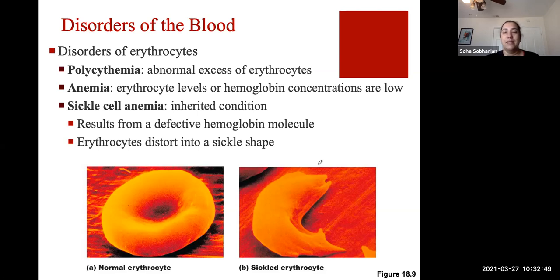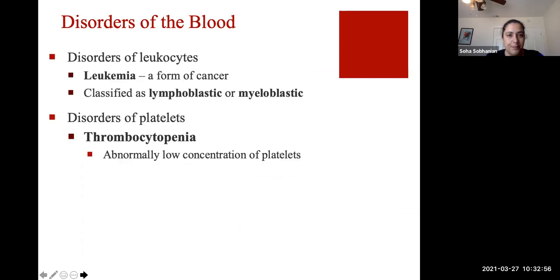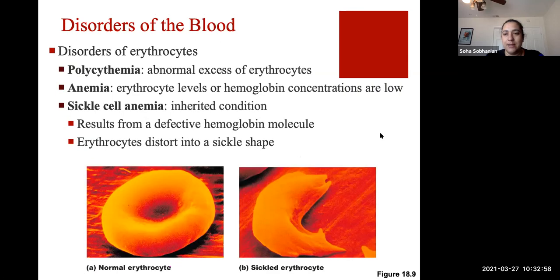But again, sickle cell anemia, let me type this for you guys so you have that information. I don't know if I should have it on the next slide. Let's see. No. So sickle cell anemia causes the damaged red blood cells to be destroyed at a high rate because they're damaged, right?